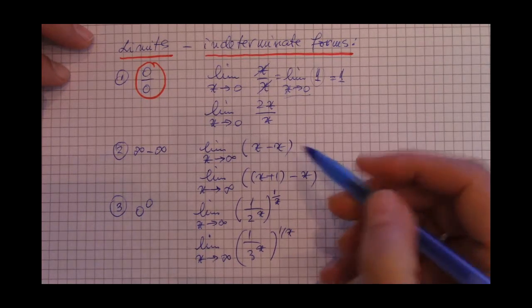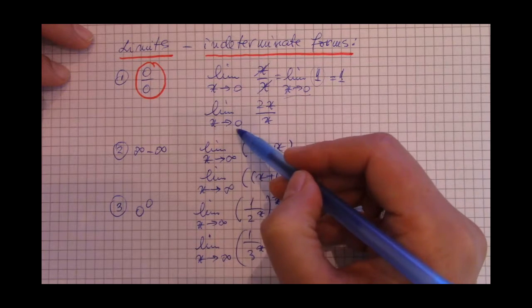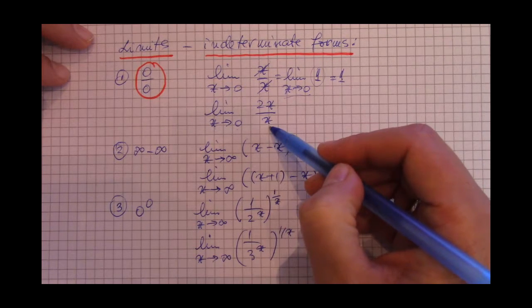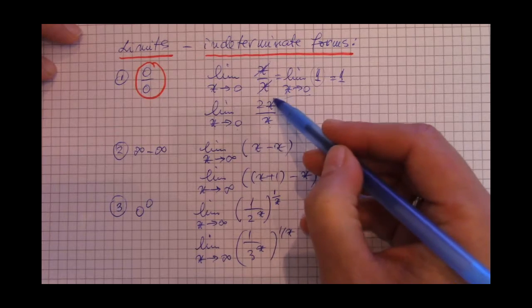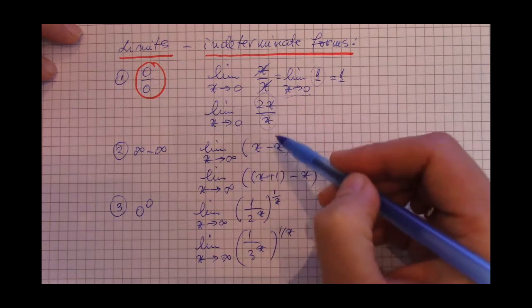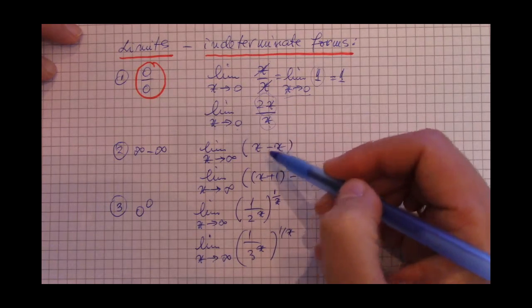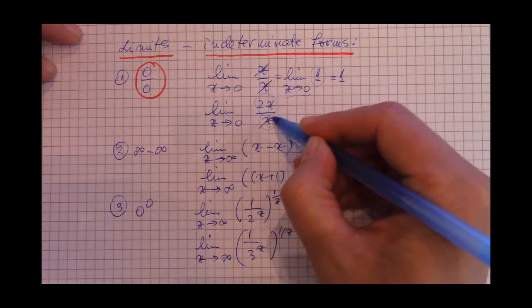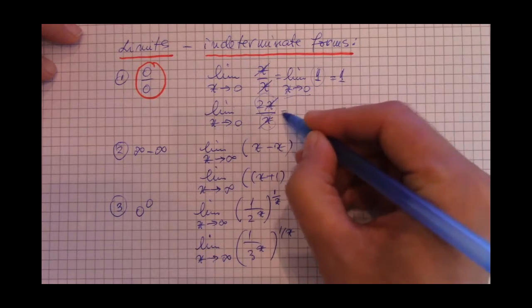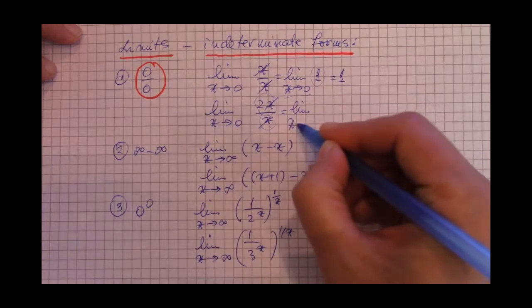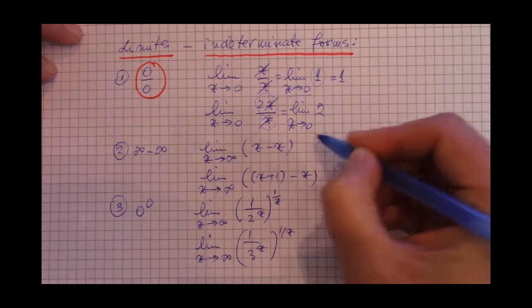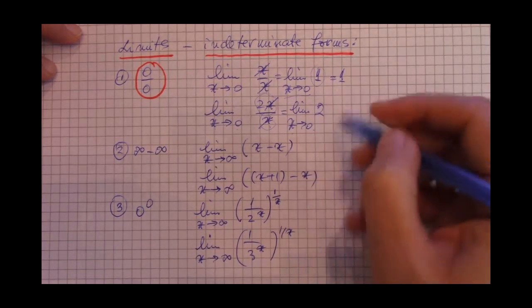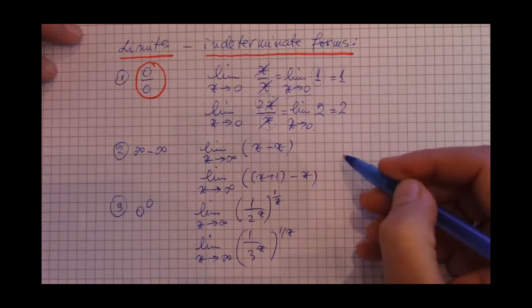Now if we look at the limit when x approaches 0 of 2x over x, and we try to do the exact same thing and replace x by 0, we get again 0 over 0. Now if we simplify x, this becomes the limit when x approaches 0 of 2, and again 2 has nothing to do with any x, so this is just 2.